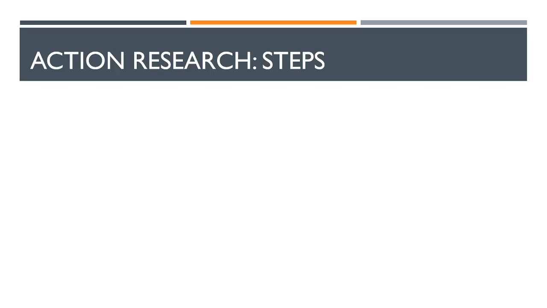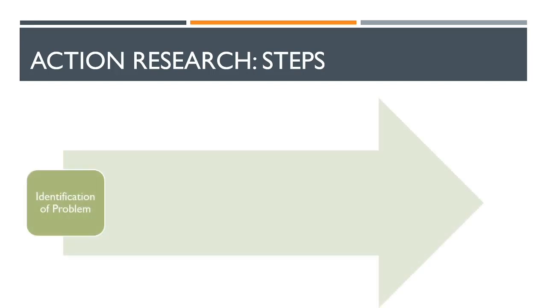Let's see steps of the action research. The very first thing you have to do is identification of the problem. Here, you have to identify the problem on which you want to do the research. Suppose you have chosen the problem bad handwriting of the students.